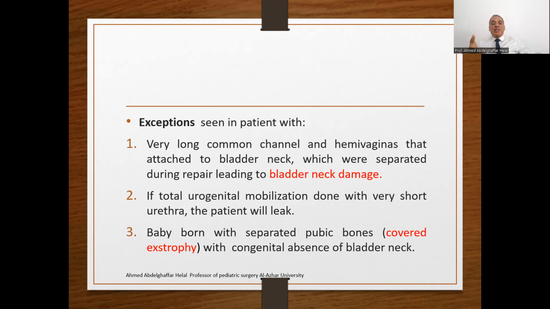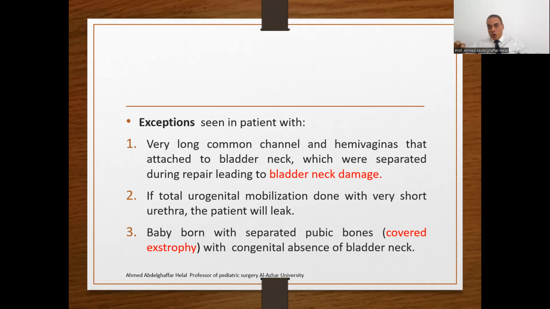If the total urogenital mobilization is done with a very short urethra, the patient will leak, and the baby born with separated pubic bones, what's called covered exstrophy, with a congenital absence of the bladder neck.